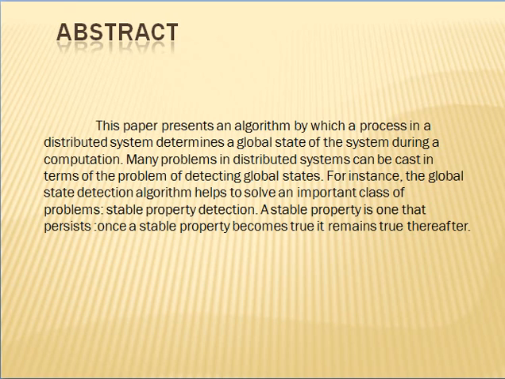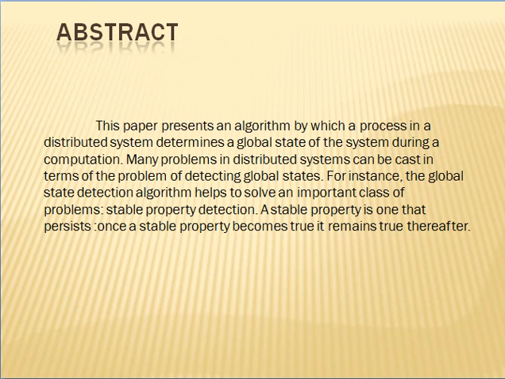the system during computation. Many problems in distributed systems can be cast in terms of the problem of detecting global states. For instance, the global state detection algorithm helps to solve an important class of problems like stable property detection. A stable property is one that persists: once it becomes true, it remains true thereafter.